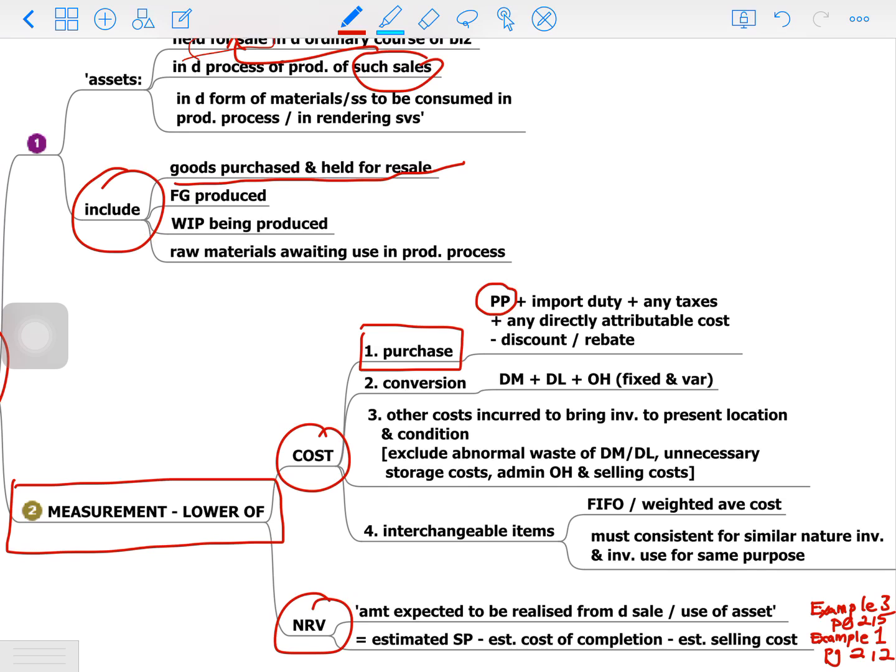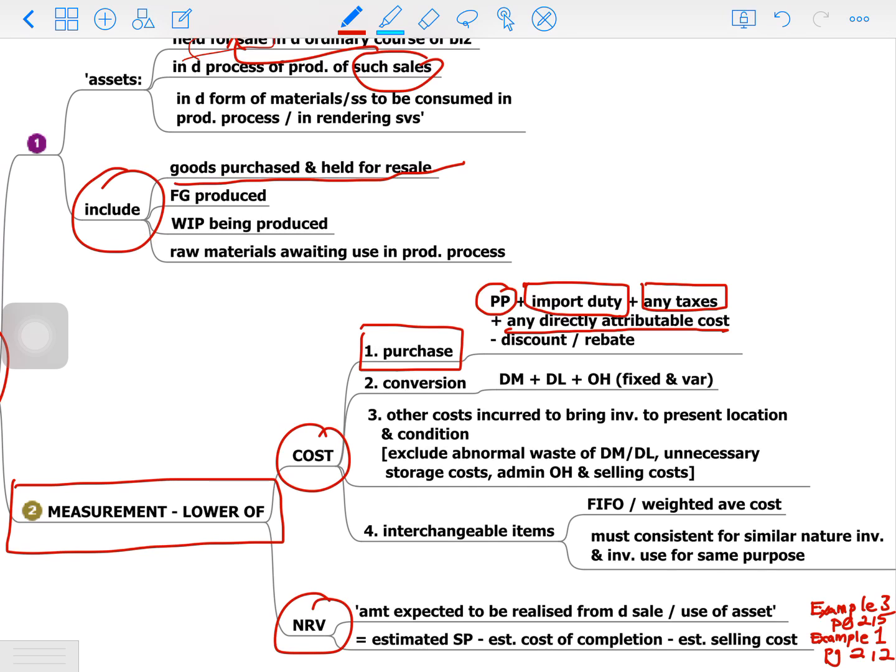If you buy it from outside or overseas, then you have to pay import duties, right? And any taxes that you have to pay on the product, like GST, specific taxes on the product, and also any directly attributable costs of the product.